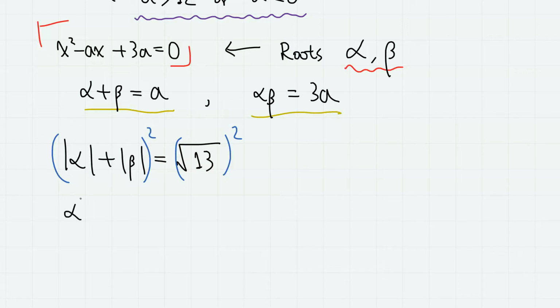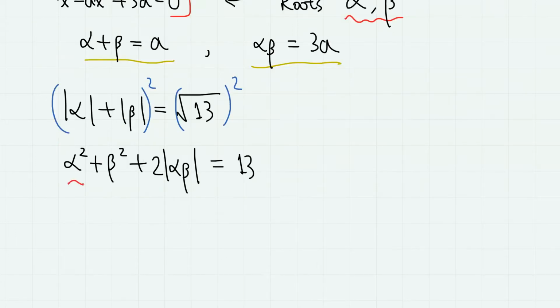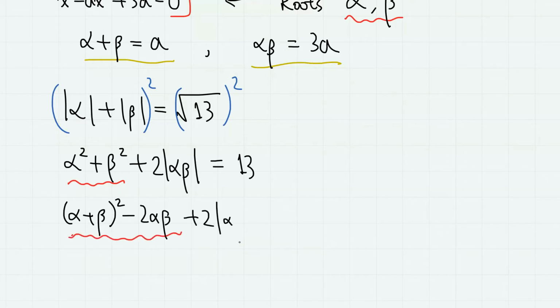Then we have simply alpha squared plus beta squared, and 2 times absolute value of alpha beta, we need an absolute value sign here, equals 13. Now this part can be written as (alpha plus beta) squared minus 2 alpha beta, and we have 2 absolute value of alpha beta equals 13. Now we use these conditions.